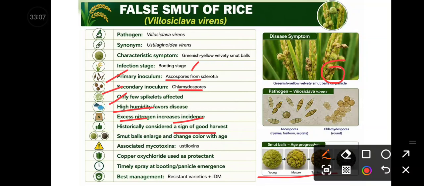Okay, small balls enlarge and change color with age. Here it is mentioned, it is associated with a mycotoxin, that is ustiloxins. Then protectant fungicide can be used, that is copper oxychloride. Timely spray at booting and panicle emergence can control the disease. Then best management practices, use of resistant variety and IDM practice.